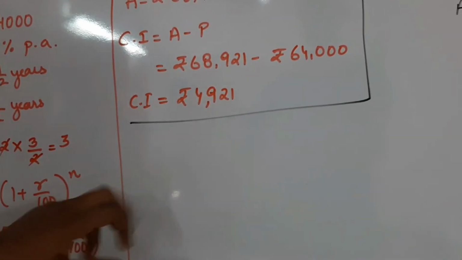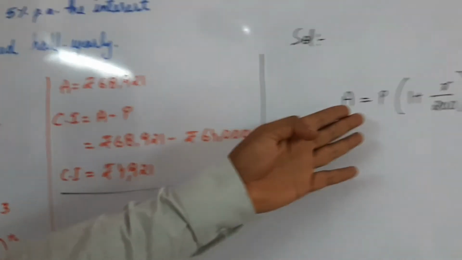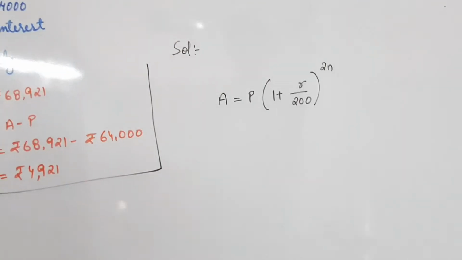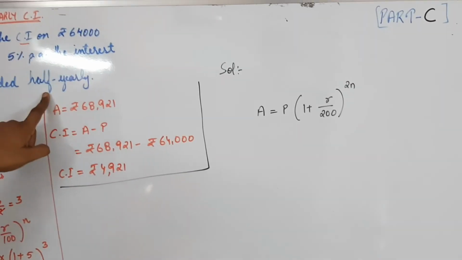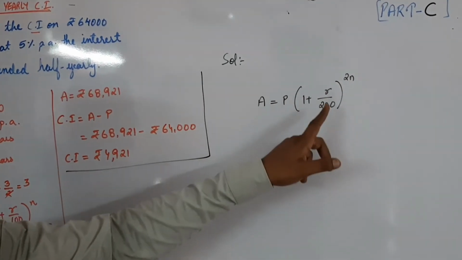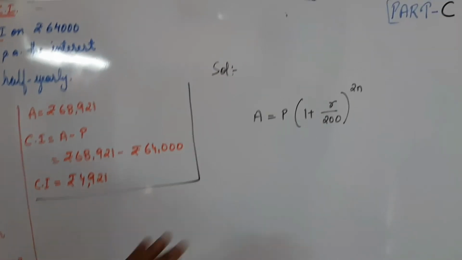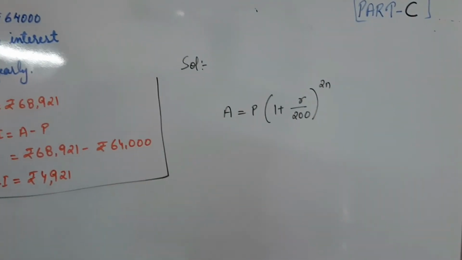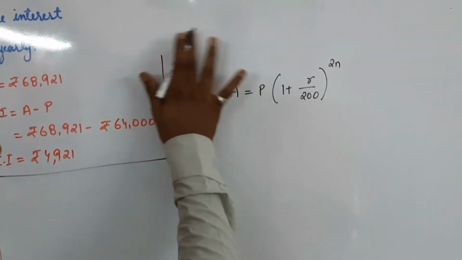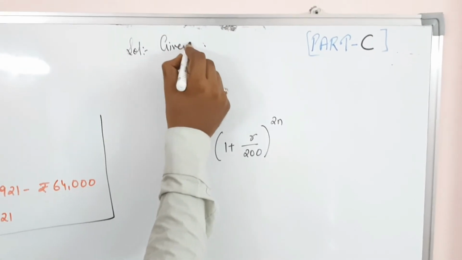Now, students, you can ask me the question, sir, why didn't you use the formula which we have studied earlier to find out the compound interest when it is compounded half yearly? What was the formula, students? A is equal to P of 1 plus R by 200 whole power 2n. Now we will solve the same sum with this formula. First we write the given.